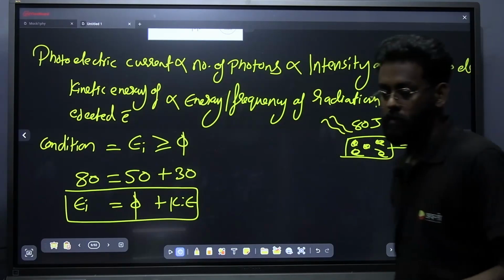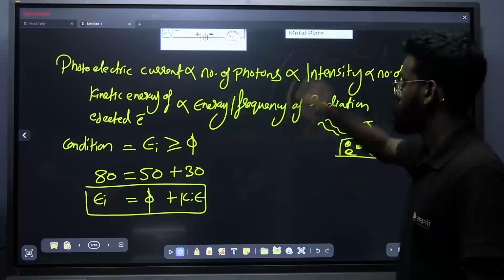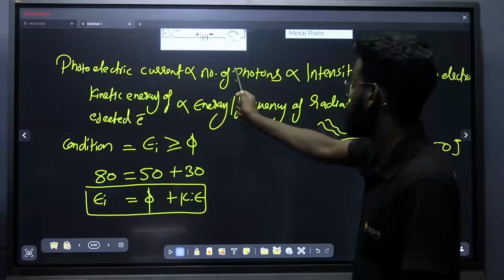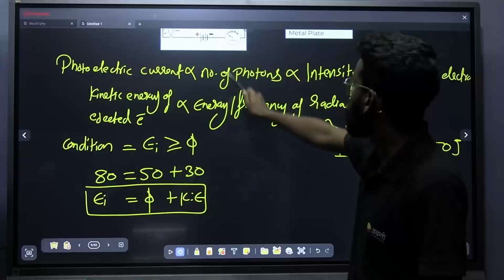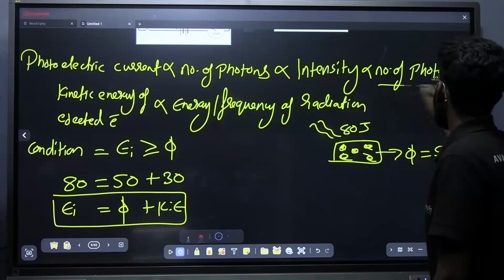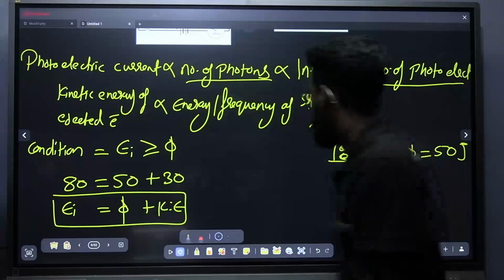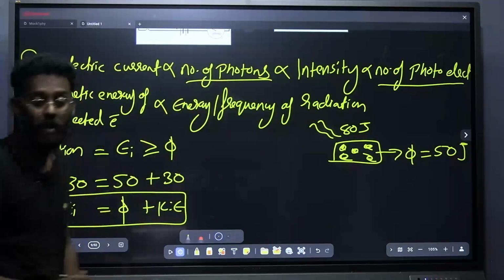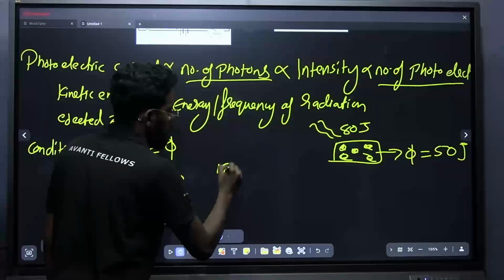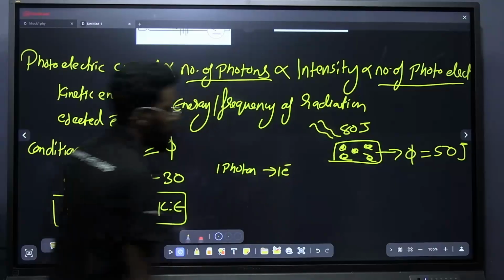Okay, I think I will go to the important part of it. What I am saying is photoelectric effect is ejection of electron from a metal surface. The number of photoelectrons ejecting out is directly proportional to the number of photons, because photoelectric effect is one photon, one electron emission. If I am supplying one photon, that will eject only one electron.